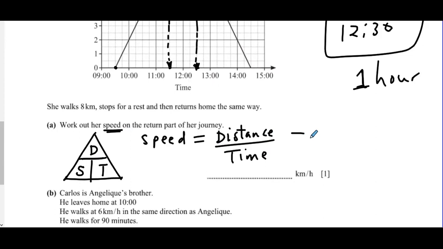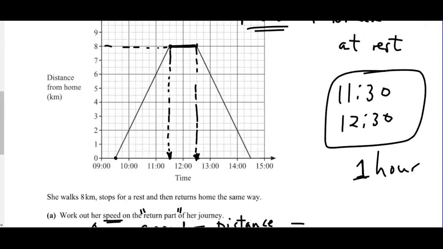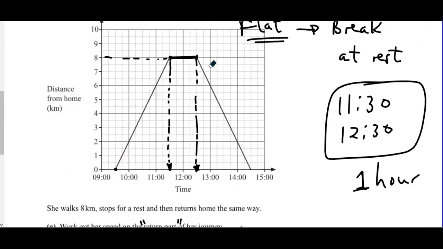Now, the question is, work out her speed on the return part. The return part of her journey starts from here. Returning starts from this point here up to this point, all the way up to here.